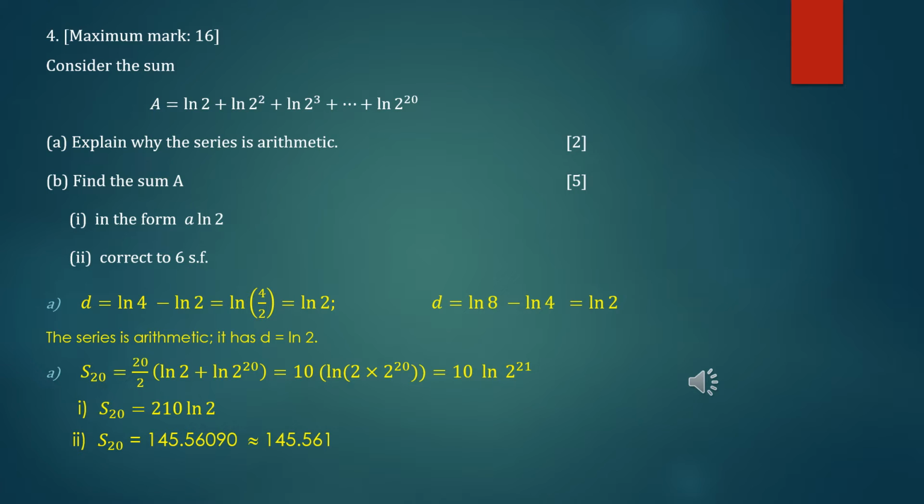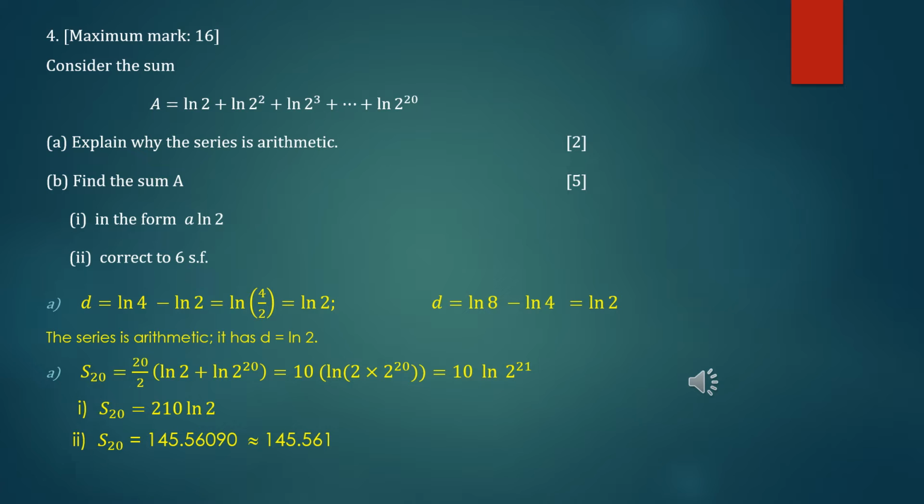Find the sum A in the form A ln2. There are two formulas for finding the sum of an arithmetic sequence. I used the formula that has the first and the last term in it because they are given. So substituting the values in that formula, I have 20 over 2, which is 10, and then the sum of ln2 and ln2 raised to 20 is equal to ln2 raised to 21.